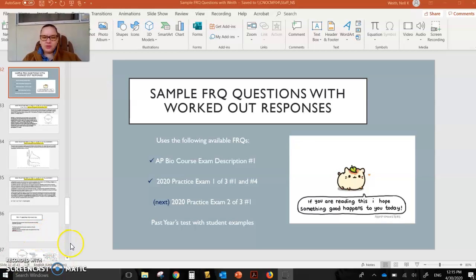So here I am going through sample FRQ practice questions with you, where I've got the question for you to do, as well as the rubric, and then me kind of adding to it. I am finishing up the last one, part D of question number 1, off of practice exam number 2 from this year.